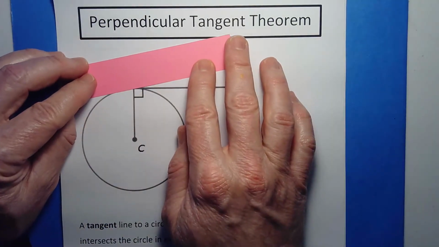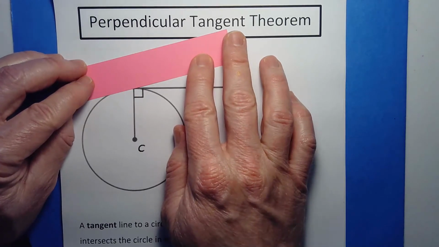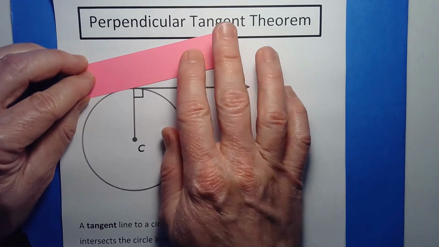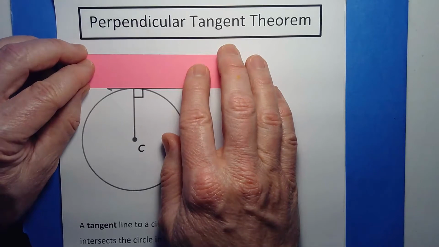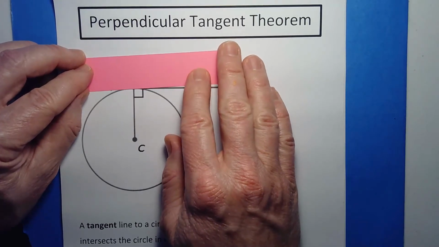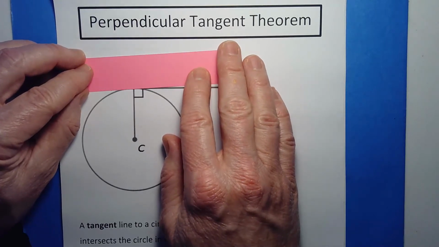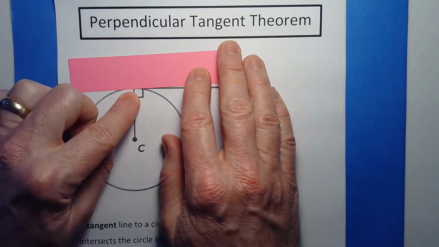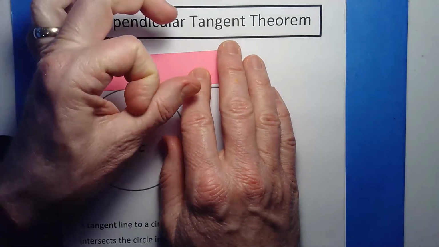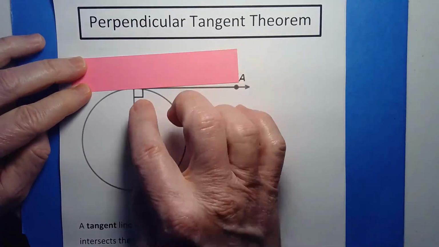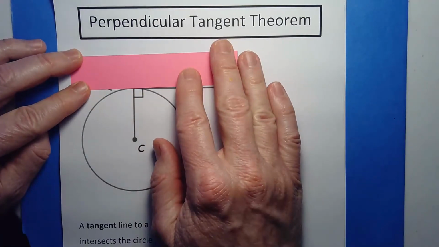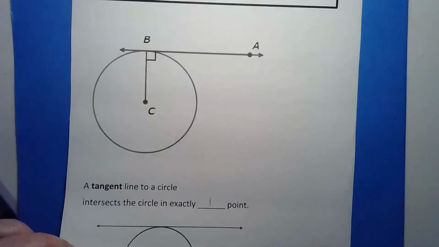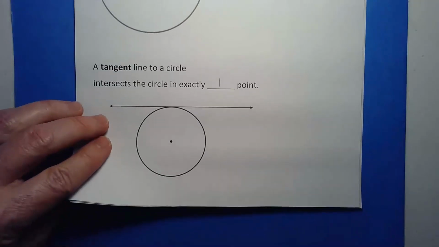If I keep it touching there and angle it more, it's touching that circle in more than one place. Even going off just a degree, if you zoom in super tight and look at that little spot, you'll see it's actually touching the circle twice. The only way to touch that circle once is for it to be perpendicular.